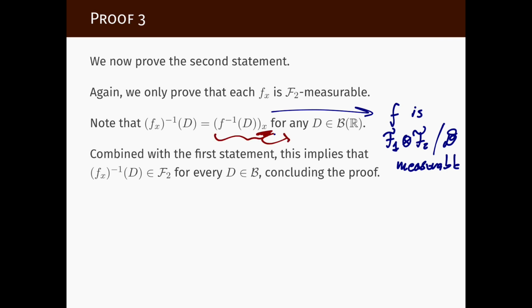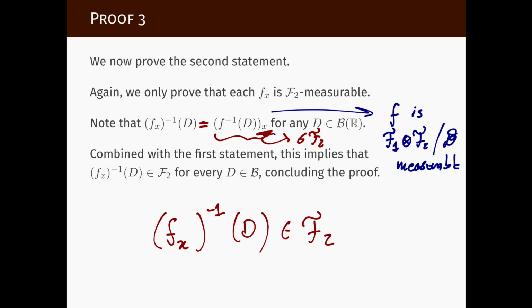The section will be in F2, and because of this identity, what we just showed is that the pre-image by the section function of any Borel set D is in F2, and this is exactly what it means to say that f_x from omega 2 to R is measurable.